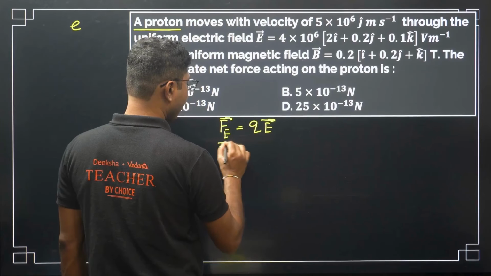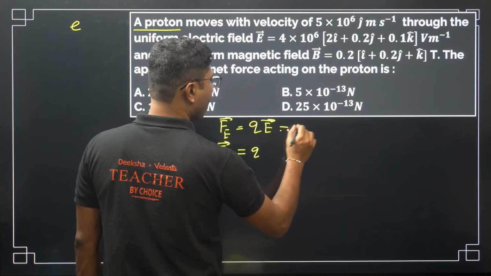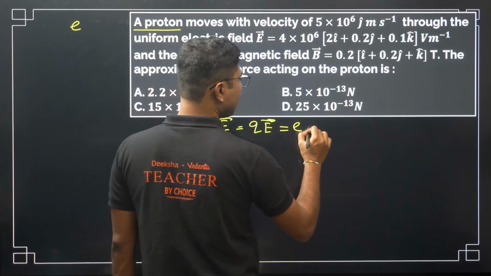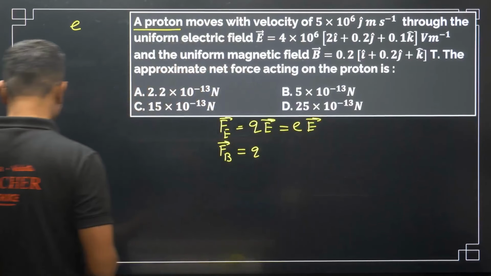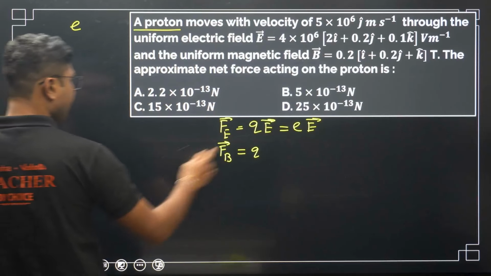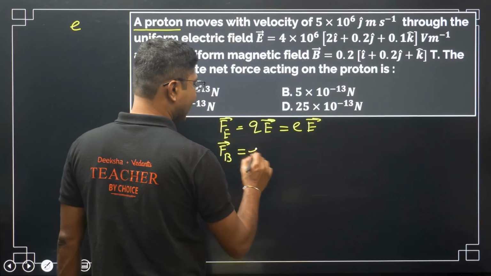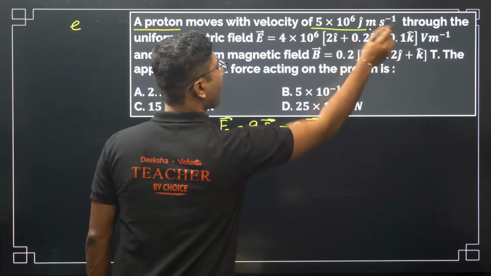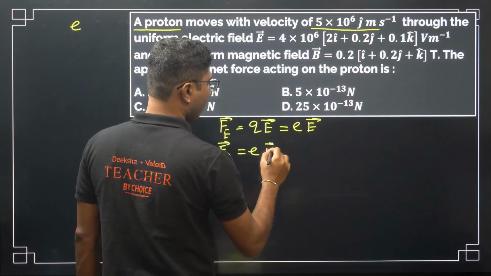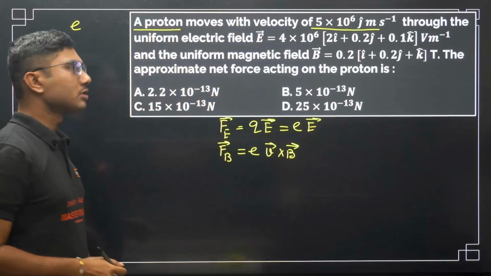Magnetic force is given by Q into, and for starters, as I said, the charge I will mention as e, so let me write it in terms of e. So Q into V cross B. Q is e, right? V is this value cross B. Okay, now how to do the cross product?